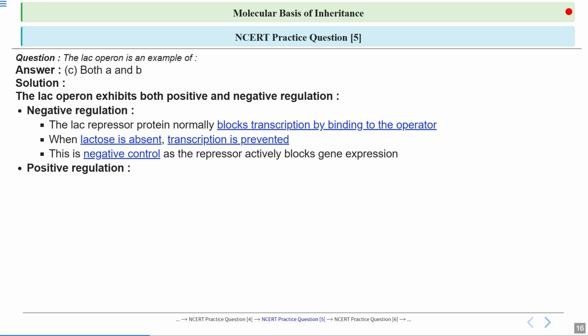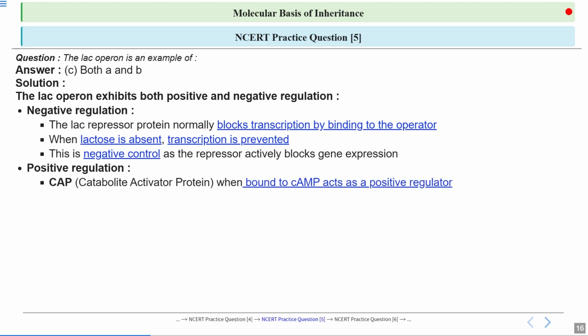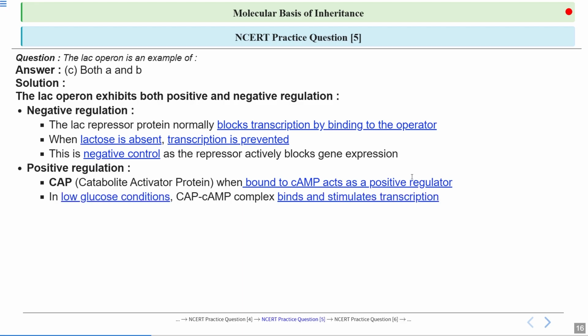Let's talk about positive regulation. There is a catabolite activator protein, CAP. When bound to cyclic AMP, this protein acts as a positive regulator. Now we are talking about glucose, not lactose.